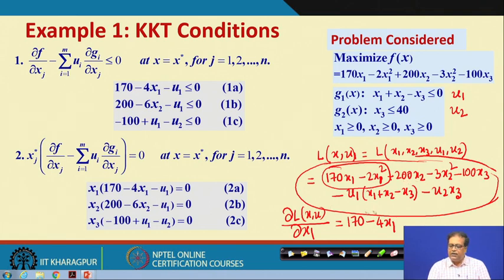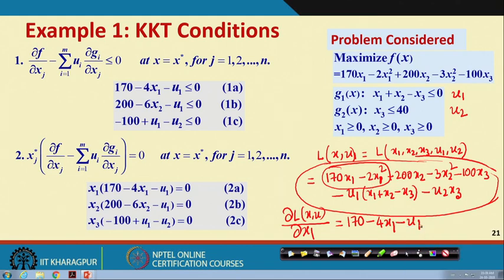For the rest of the terms we get nothing, and here we have minus u1 times x1, so if you differentiate we get minus u1. So the partial derivative with respect to x1 is 170 minus 4 x1 minus u1 less than or equal to 0. That is the first condition we obtained by differentiating this function with respect to x1.